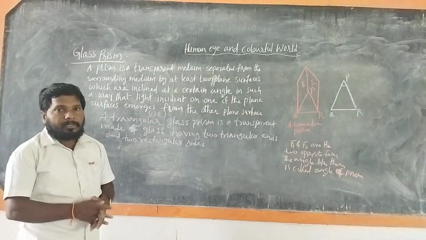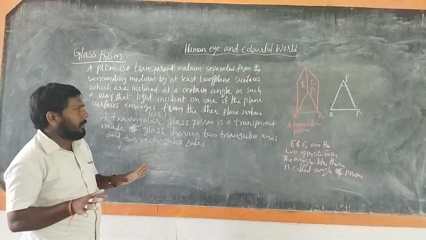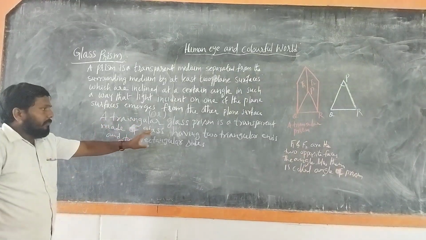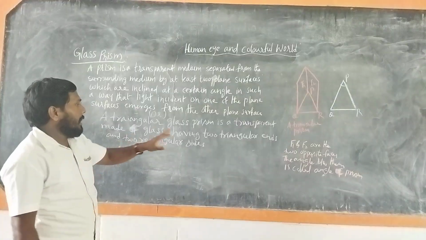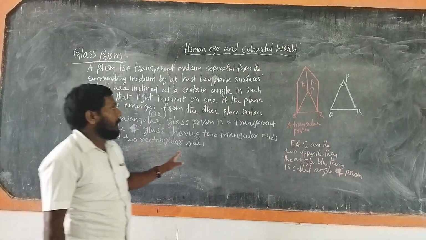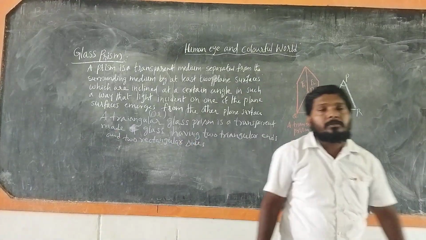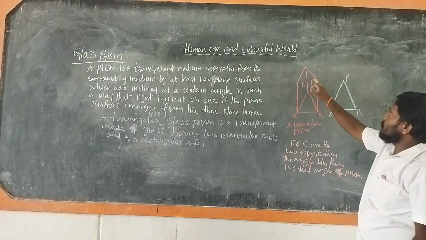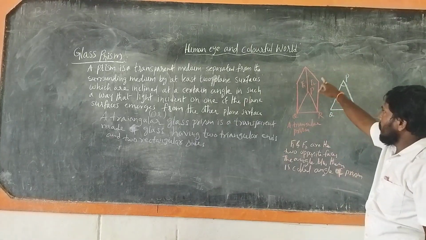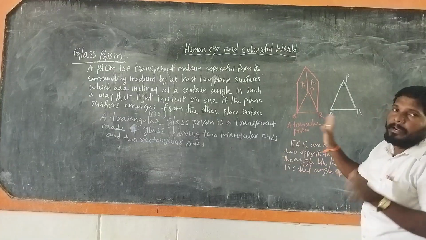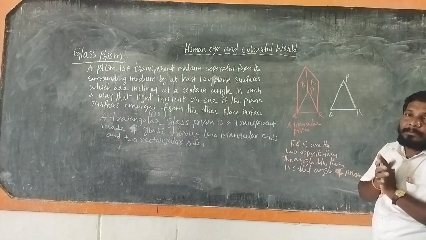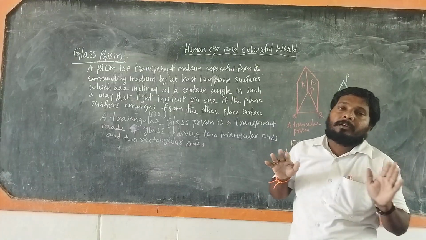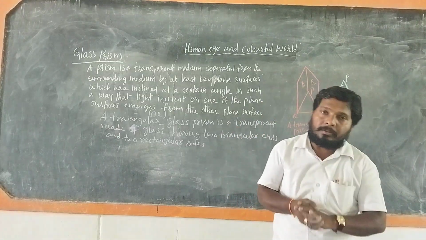So, a triangular prism, or simply a prism, is a transparent material made of glass having two triangular ends and two rectangular sides.